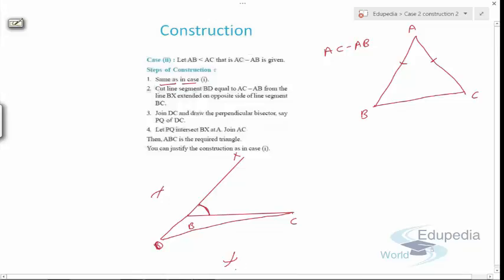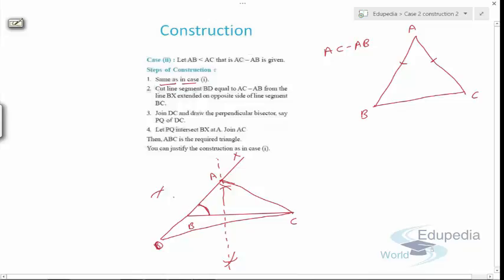Then we draw the dotted line from these points, which meets at point A. Then we join the line segment AC. So this is our required triangle ABC.